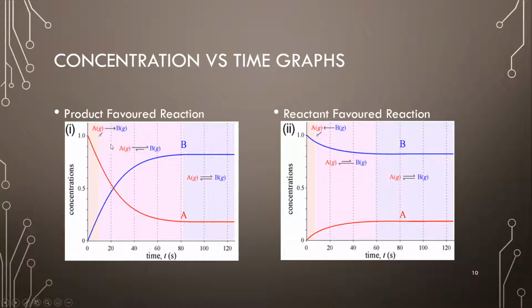That's showing that the tendency of A becoming B is a lot more than B becoming A, because it doesn't have to be 50-50.